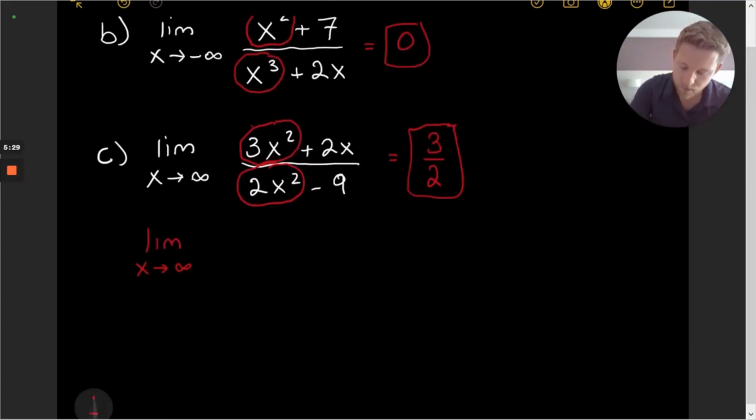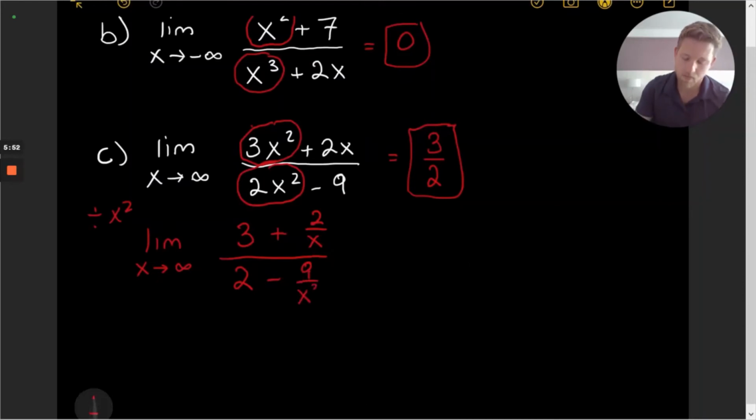If I divide by x squared everywhere, the first term, 3x squared, will be a 3. We'll have a plus 2 over x, divided by, this will become a 2, and then dividing the 9 will be a 9 over x squared.